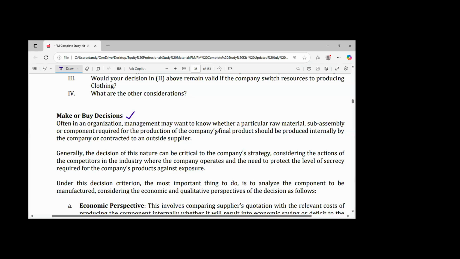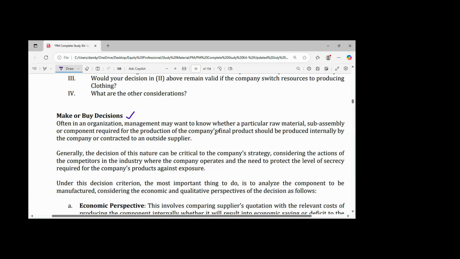One thing you need to know is that as far as the make or buy decision is concerned, the company has the capacity to either manufacture the components, sub-assembly, or the raw material internally, or contract it to an outside supplier.